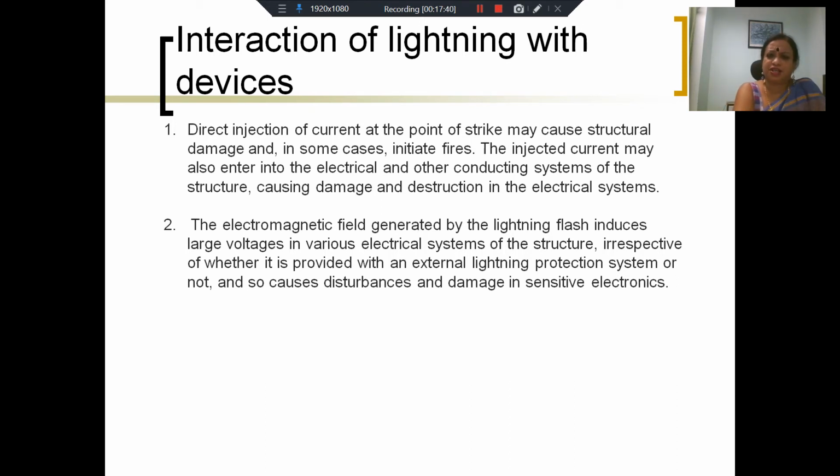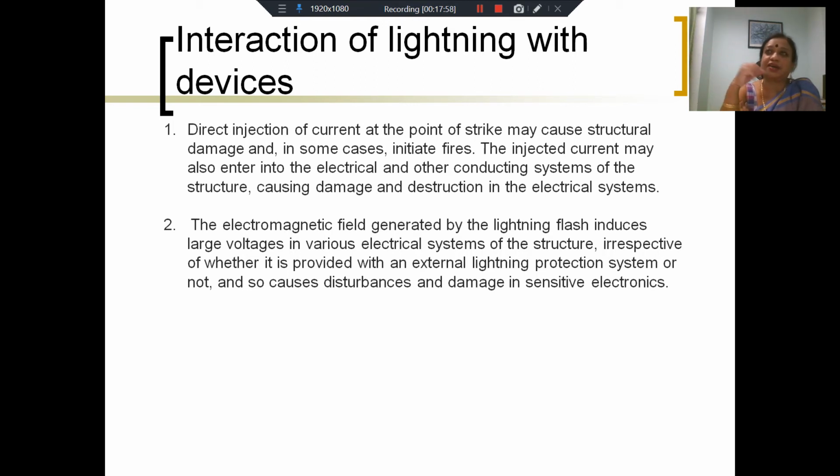The injected current may also enter into electrical and other conducting systems. Now, this direct injection of current and causing an object to burn can happen to any device. But when you have electrical and conducting structures, the damage can be even more.